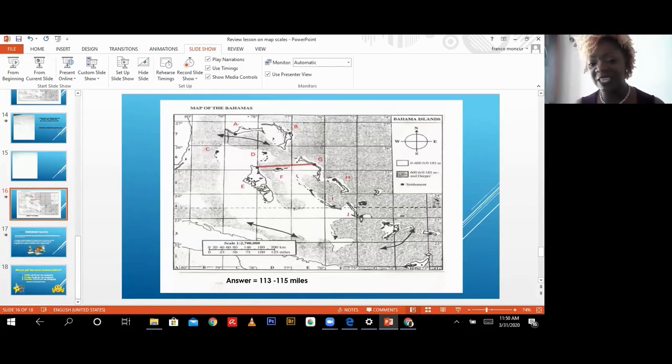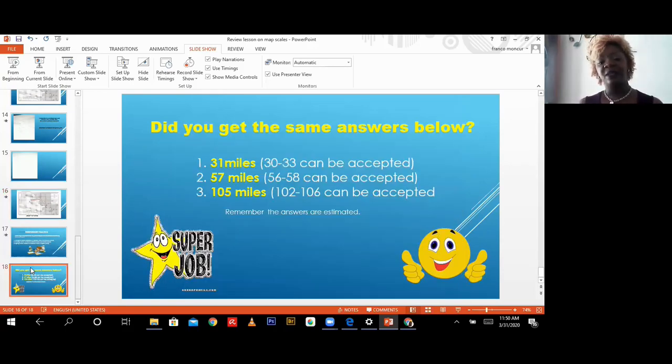So just because you see, oh, I know where Andros is, I know where Eleuthera is, if you just measure any point on Andros and anywhere on Eleuthera, it's going to be wrong. You have to look at the settlement. That point represents the settlement, okay? And then the last thing that I wanted to remind you of is that the answers are usually given in estimates, and I would encourage you to do as much practice as possible.